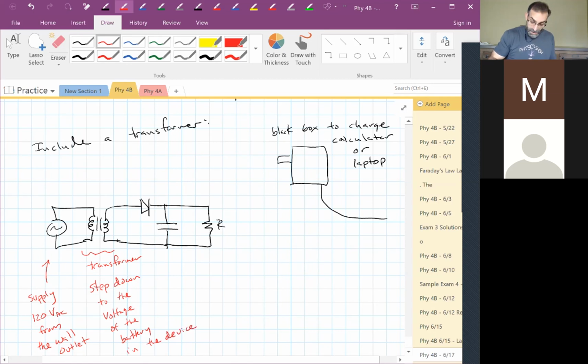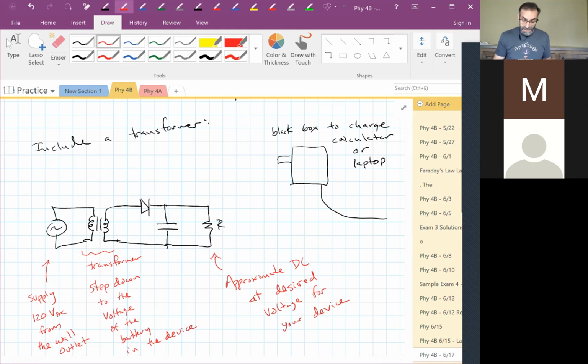And then you get approximate DC, I'm calling it, right? There's a little bit of ripple in it, approximate DC.